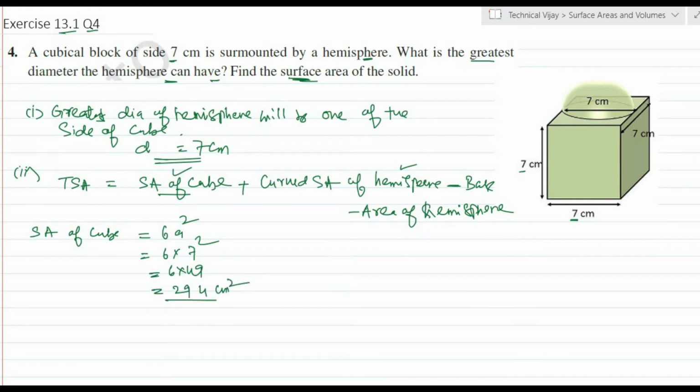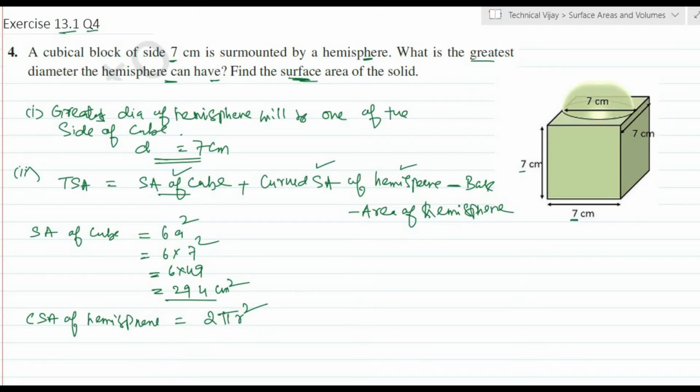Now the second thing: the curved surface area of the hemisphere. We have solved this in the last examples. That is equal to 2 pi r square. Here r means radius.